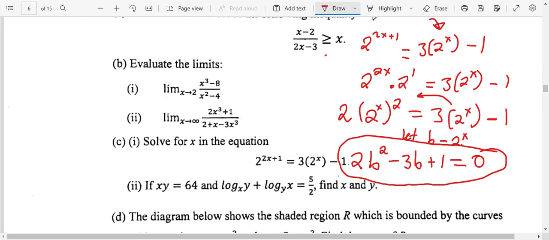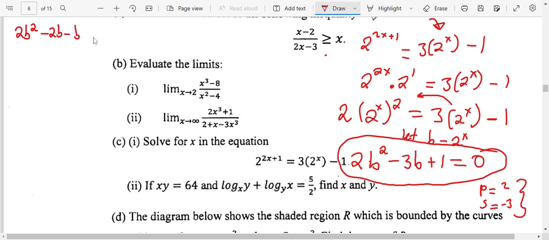All right. So what we have now, we are going to find the product and the sum. Product is a positive 2, sum is negative 3. What are the factors? Negative 1 and negative 2.